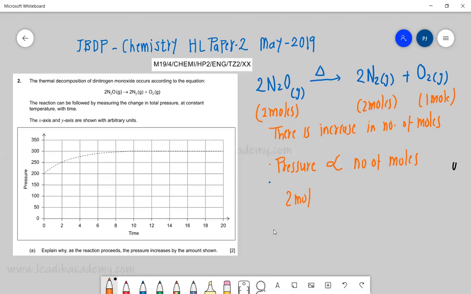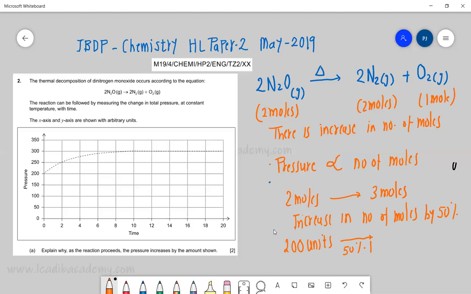So 2 moles to 3 moles is an increase in the number of moles by 50%, and therefore we can expect a similar increase in pressure. The initial pressure is 200 units, and a 50% increase will reach 300 units. Simple.